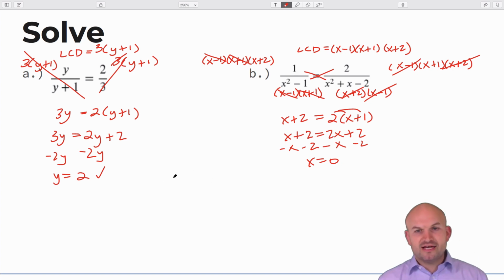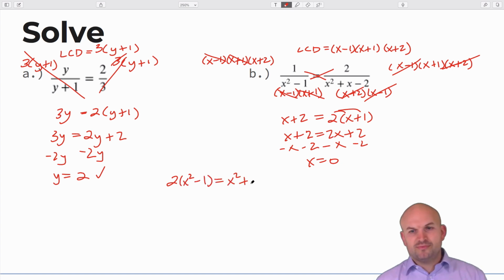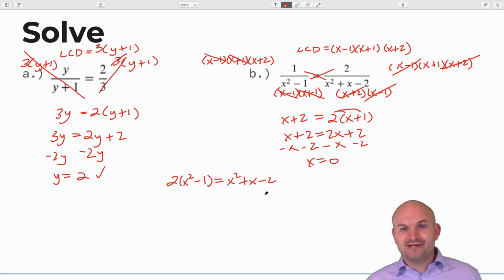So if I apply the cross product, then I'm going to have 2x squared minus 1 equal to x squared plus x minus 2. Now, you could also have a good debate as to whether that is actually easier than just multiplying by the LCD.